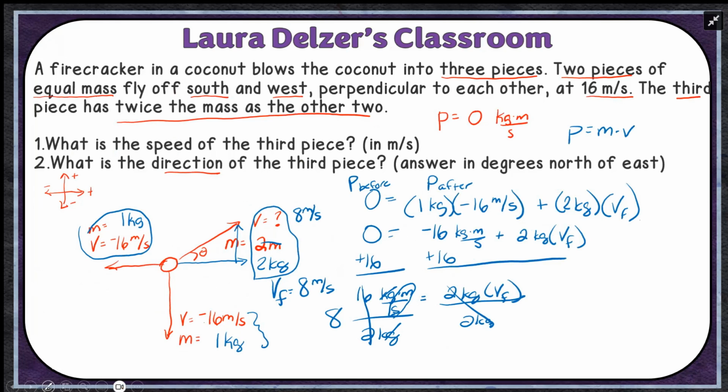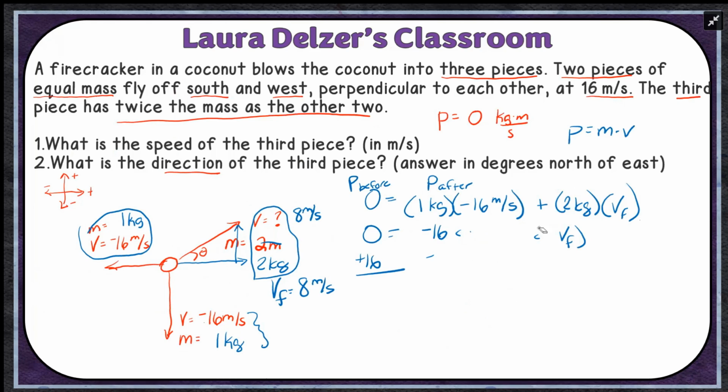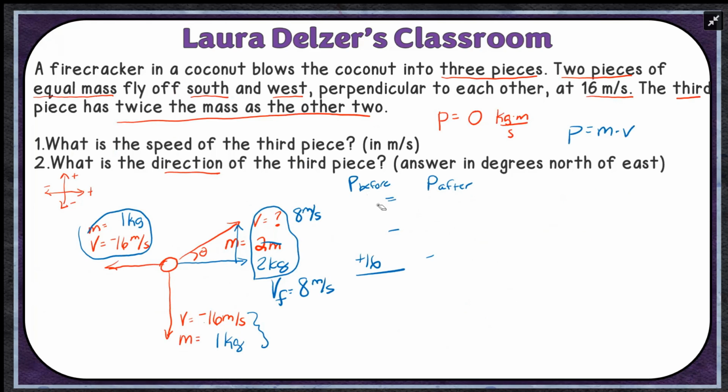Let me see if I can clean up some of this a little bit because we've got a lot of gibberish going on. We'll take away some of this math work here, and let's do something maybe you learned in 8th grade math. Our two vectors here, we got 8 meters per second going this way, 8 meters per second going this way.